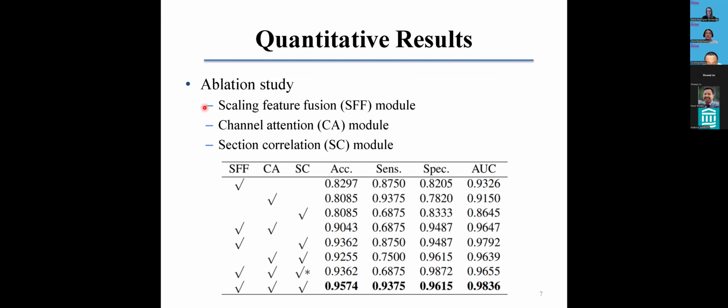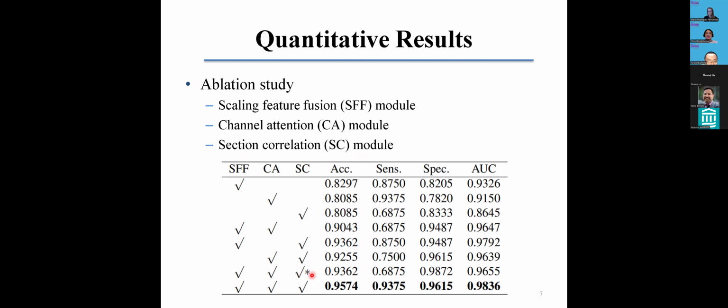Here are the ablation studies for 3 dominant modules: the scaling feature fusion module, the channel attention module, and also the section correlation module. Of course, with more modules, the accuracy will increase. I would like to show this row. This row shows the section correlation module without considering the entrance, body, and cardia simultaneously.